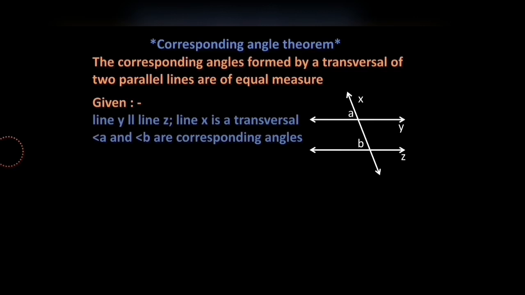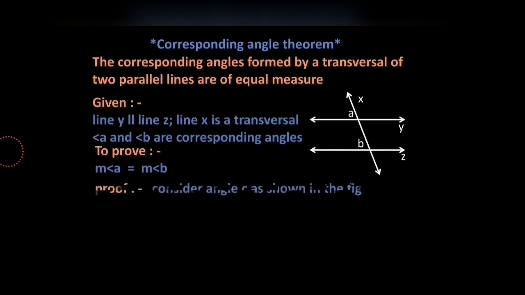So over here: line Y is parallel to line Z, X is a transversal, and angles A and B are corresponding angles that we are supposed to prove equal. That is what we need to prove: the measure of angle A is congruent to the measure of angle B, since they are corresponding angles, and that is the requirement of the statement. So let's begin our proof.